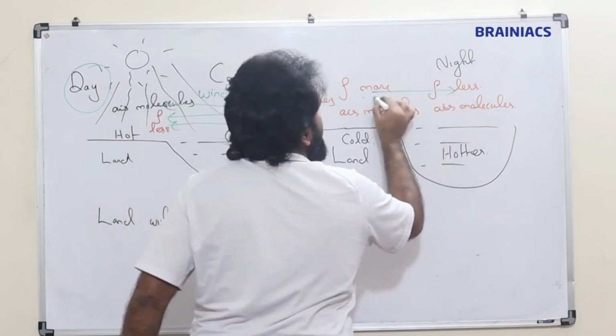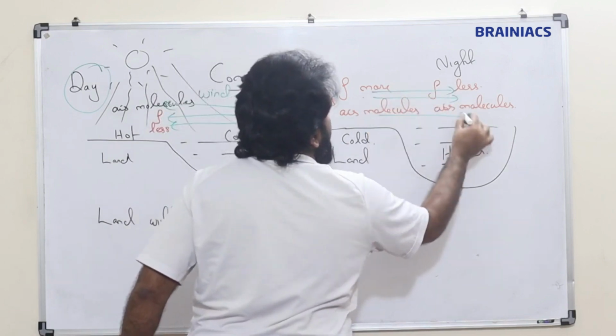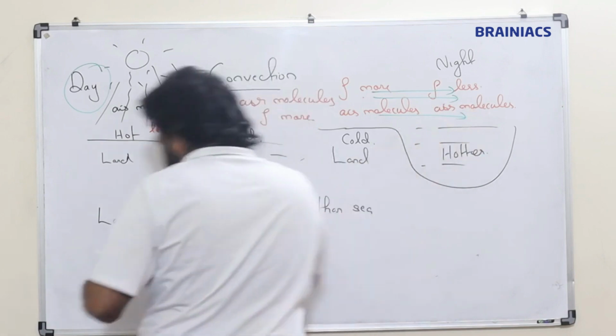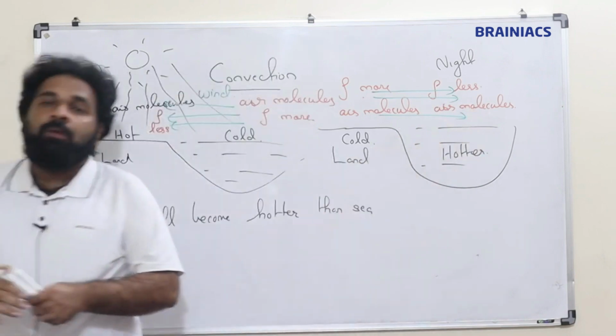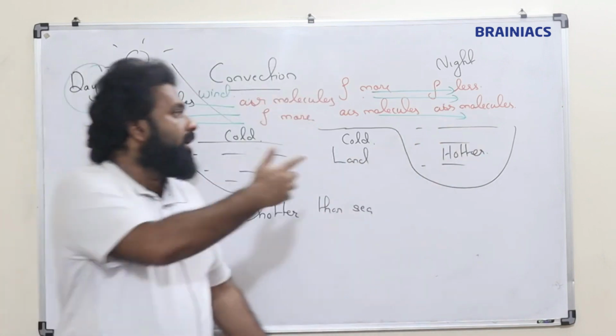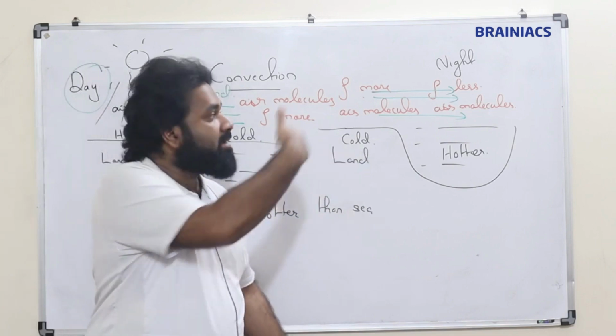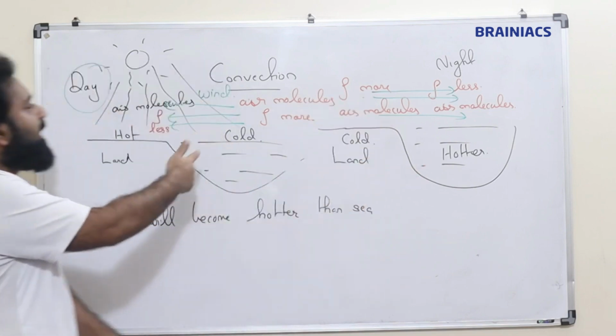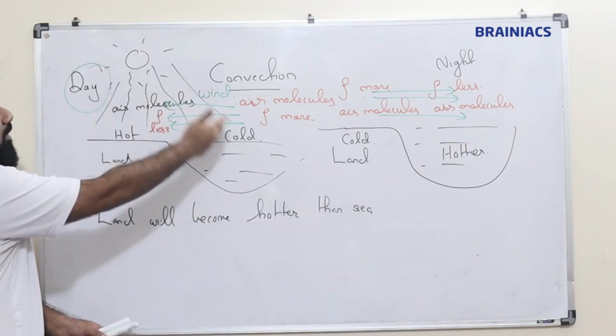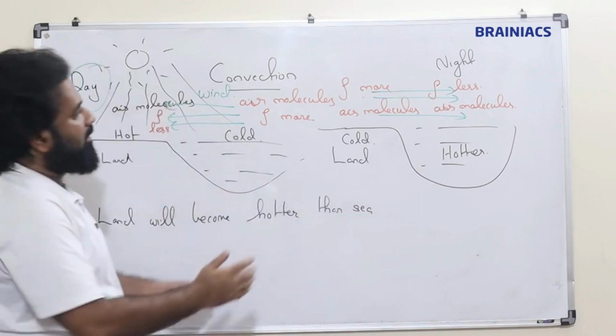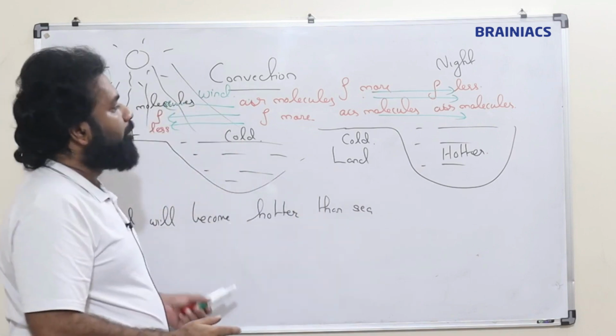From more dense area to less dense area. So during night time the wind movement will be from land to sea. During daytime the wind movement will be from sea to land. So this is a natural example.